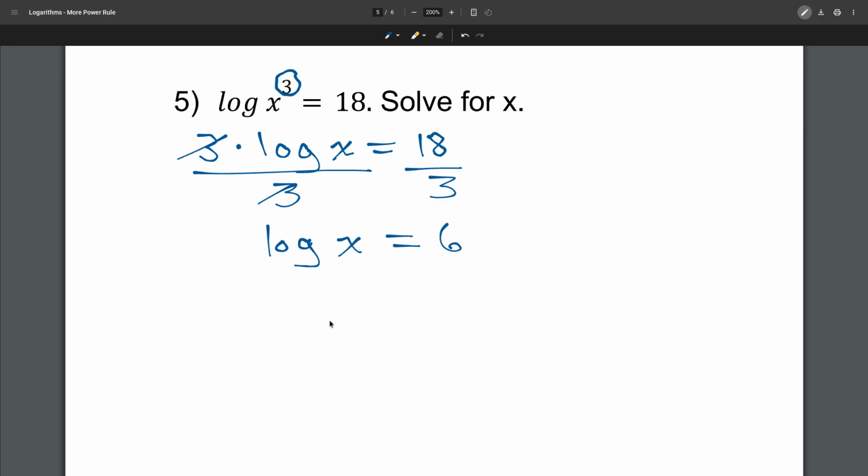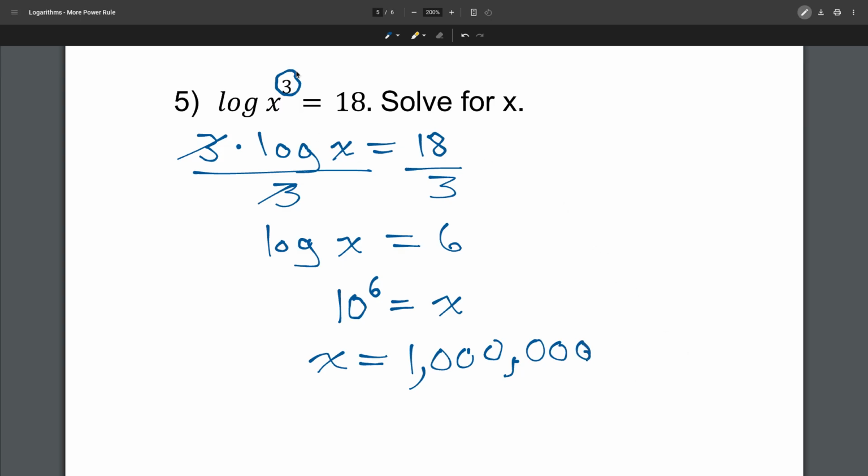Now, the base here is 10. So when we write in exponential form, we're going to write 10 to the 6th power equals x. So x is going to equal 1 with 6 zeros after it, which is 1 million.